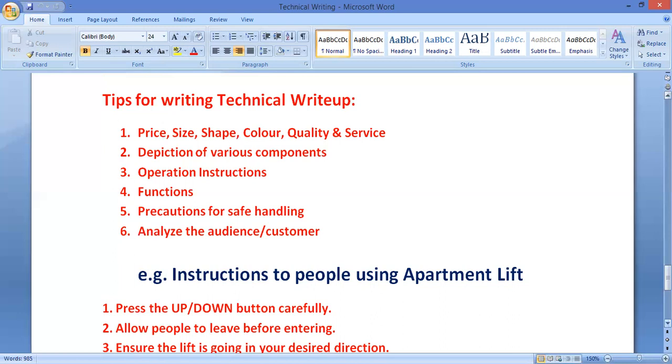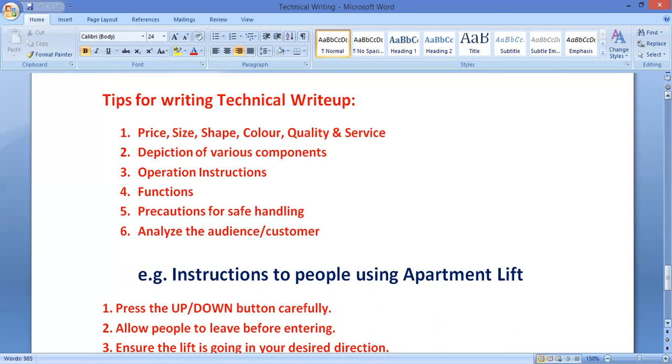Whether this particular object is for students, for housewives, or for sports persons. So you have to understand the audience. Once you know your customer or the audience, it will be easy to do the writing for your technical device.